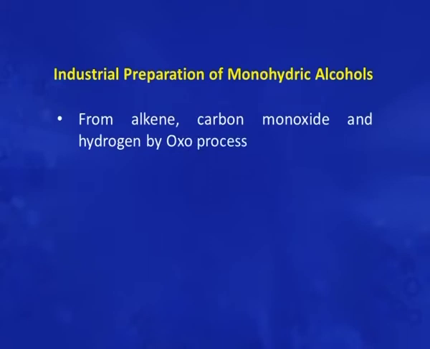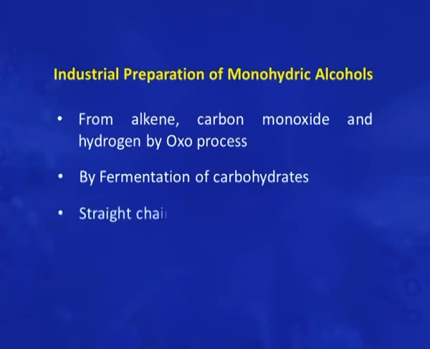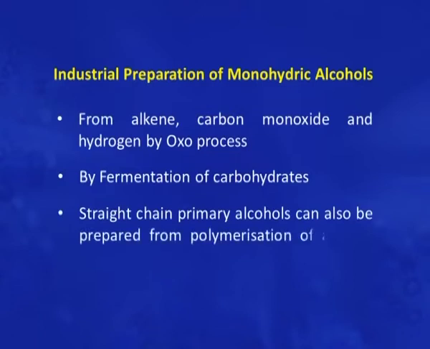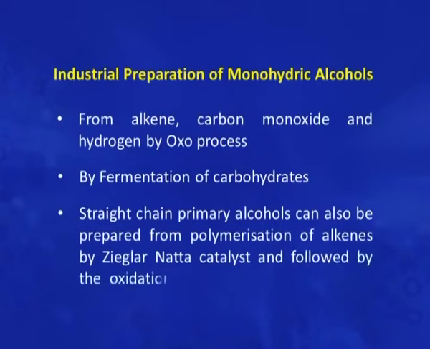Another method which has been used in industry for a very long time is the fermentation of carbohydrates. Then straight chain primary alcohols can also be prepared from polymerization of alkenes by Ziegler-Natta catalyst, followed by the oxidation of the metal alkyls by air. All these methods have been discussed in brief in the subsequent slides.